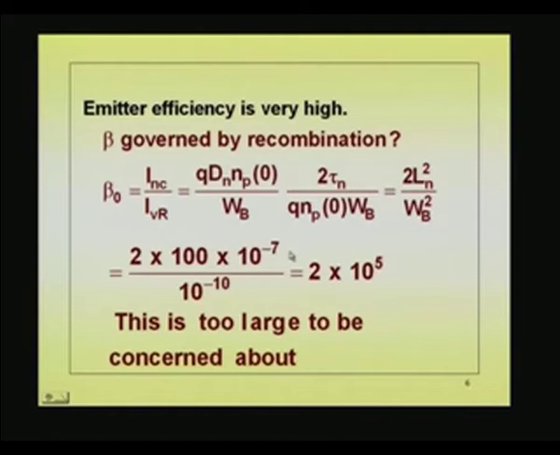When you plug in reasonable numbers, 2 into Dn about 100 centimeter square per second, 10 to the power minus 7 lifetime, which we pointed out last time is low because it is a direct band gap material, divided by Wb squared. I took 0.1 micron, so Wb squared is 10 to the power minus 10, that is 2 into 10 to the power 5. So, if you have a beta of 30, you do not have to think about whether it is this quantity that is affecting the beta.